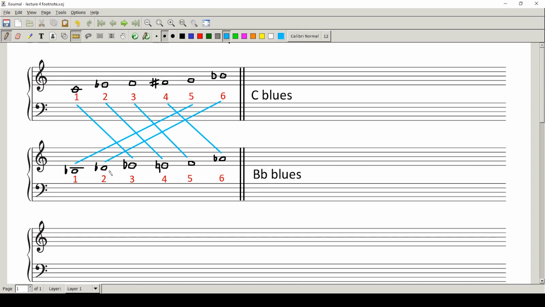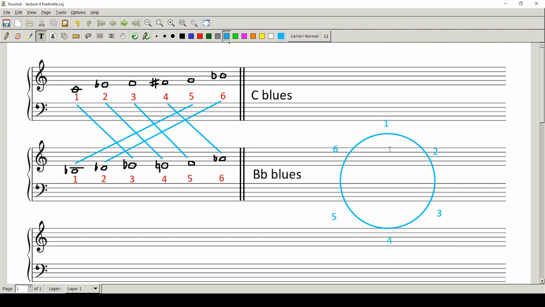Last time I suggested that it was also possible to visualize this in terms of, let's say, a circle, where if I write around the circle the scale degrees 1, 2, 3, 4, 5, and 6, you could think about this outer circle as being my C blues, and then in this potential voice leading, the B flat blues.